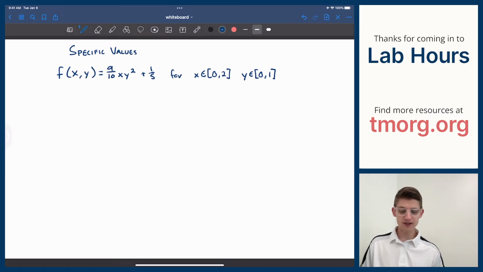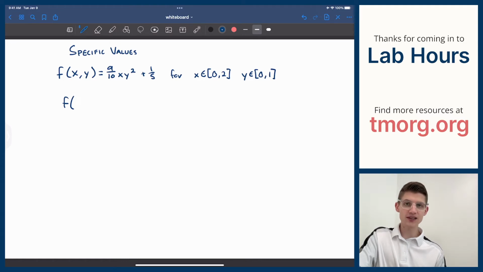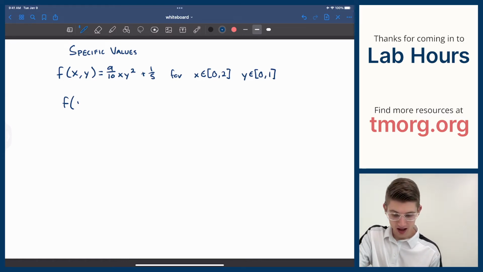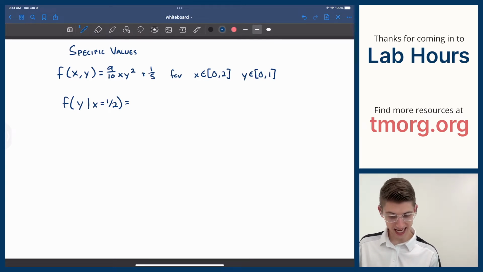We're going to plug a specific value into our condition here, and in fact the specific value I'd like to plug in is that x is 1/2. So what is the conditional probability density function of y given that we know x is equal to 1/2? There's two parts to this. We know that we need to calculate f of 1/2 and y, because that's where they intersect.